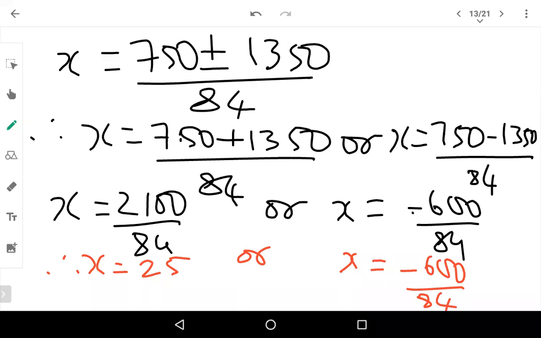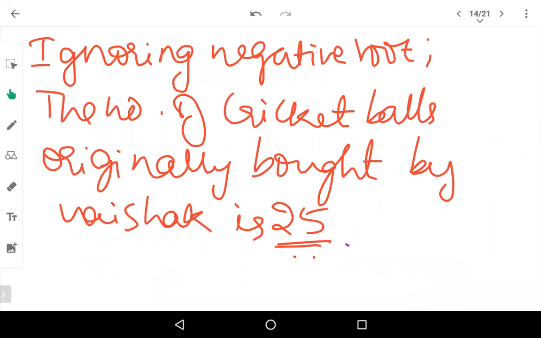In such cases, always consider the positive number, that is 25, which means Vaishak originally bought 25 cricket balls from the store, and then sold each of them at 42 rupees later. So this positive number 25 is what you consider for the answer.